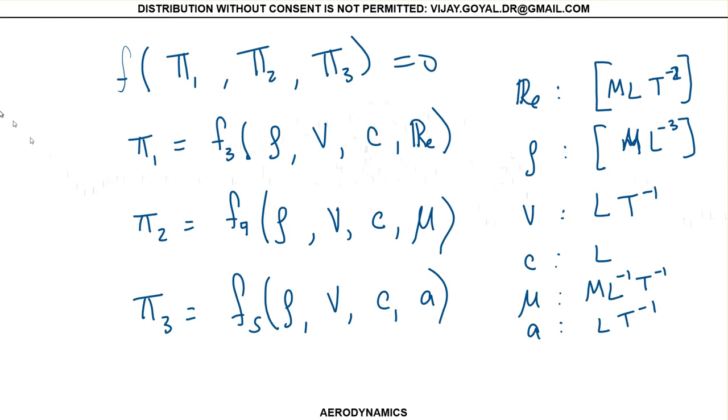To find the relationship, let's start with our first one, where we said pi 1 is equal to f3 times rho infinite, rho, let's forget about the infinite. Infinite typically means that it's free stream, the speed of the aircraft, but let's be a little bit sloppy and forget about that for a moment.